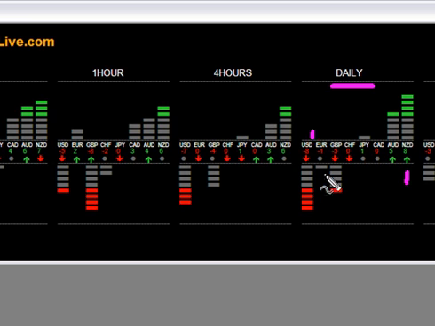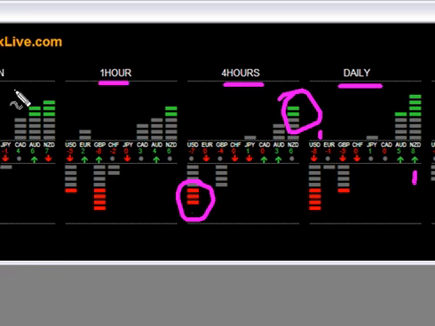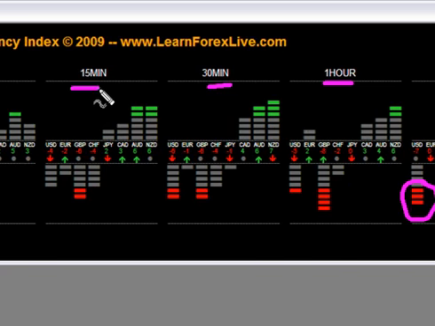But now let's take a look at all the time frames. The 4 hours time frame, again, the New Zealand dollar is the strongest one, and the American dollar is the weakest one. Now, what's going on the intraday charts? 1 hour, 30 minutes and 15-minute chart. Well, the New Zealand dollar printing a plus 6, the American dollar a minus 5.